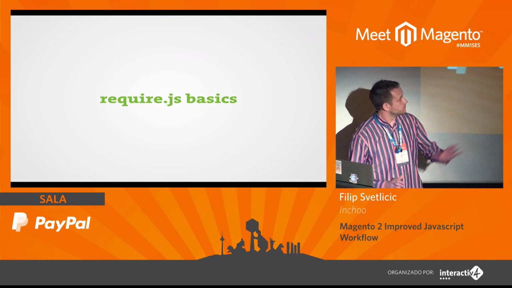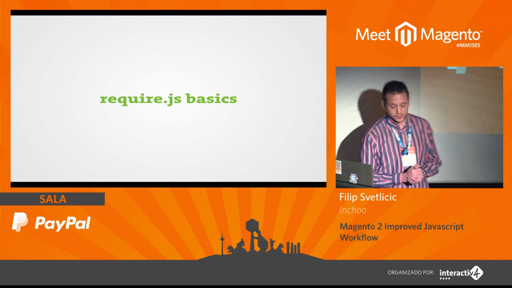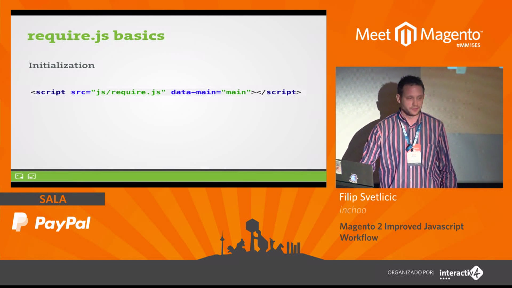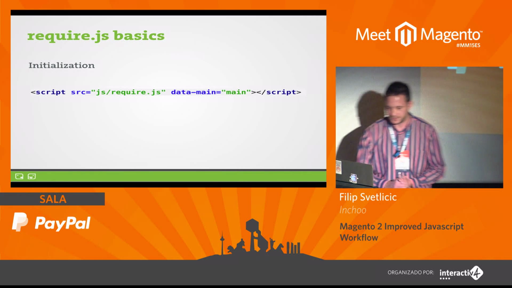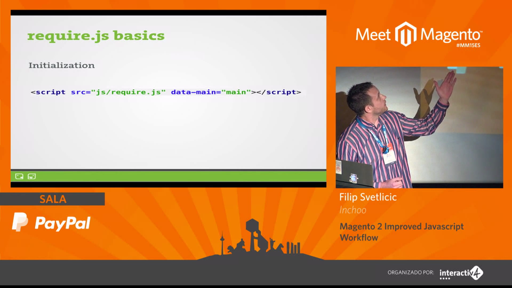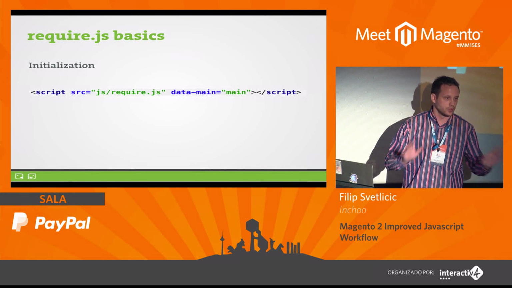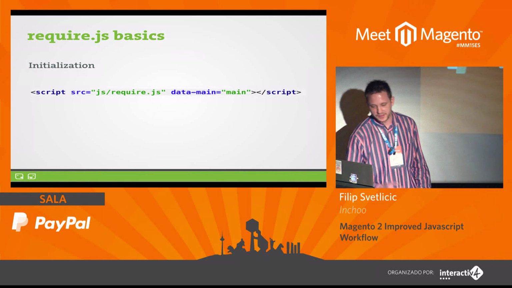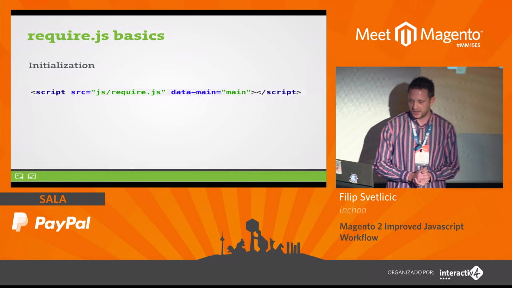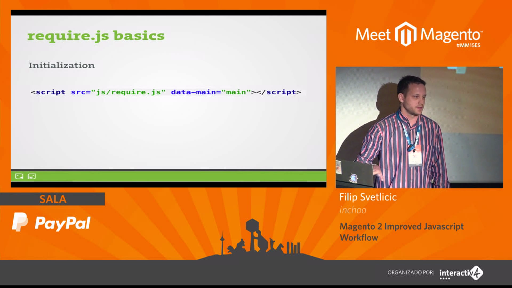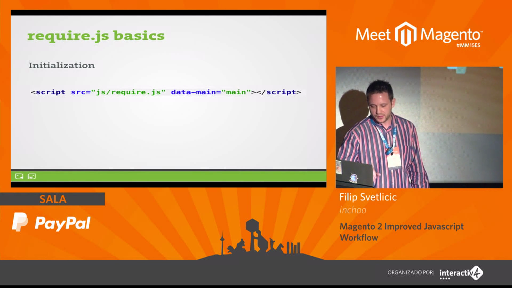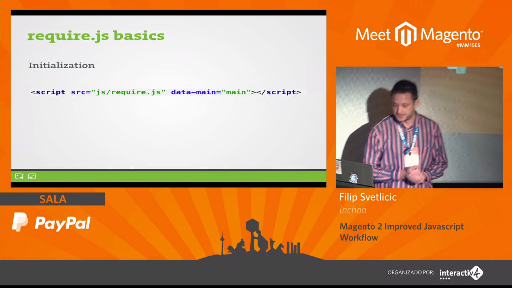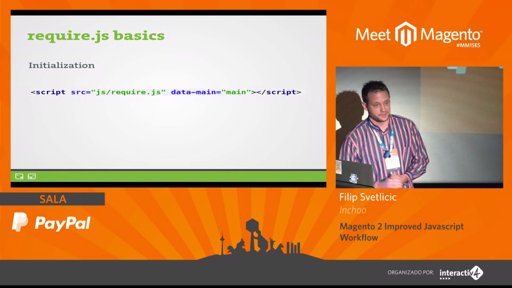Now, it's important to realize some of the basic require.js procedures. The first is the actual initialization. We can see that this is a call for a script in the head, but it's the only one. This code says, okay, load require.js from a specific file hierarchy, and the data-main attribute is the most important thing, because it says, okay, load the main.js file, or however you call it, and start configuring things inside that file.